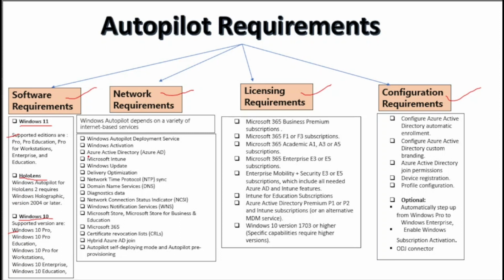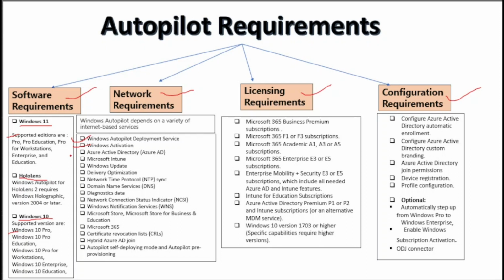So with respect to this, we have many services, and for each service there are some URLs required. To access the Windows Autopilot deployment service, there are some URLs. We need to whitelist those URLs from on premises so that we can perform Autopilot smoothly. If you want to activate Windows 10, then we need to whitelist some of the Windows activation URLs.